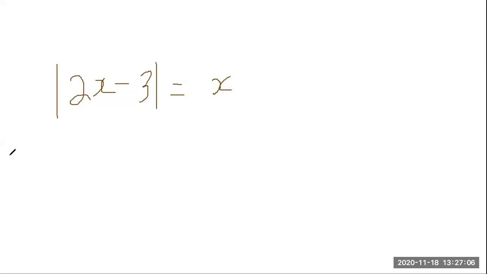All right, so we do 2x minus 3 equals x, and then 2x minus 3 equals negative x. And then, of course, we go through and we move things from side to side so that we have the x's on one side and everything else on the other side, or in general, the variable on one side and everything else on the other side.